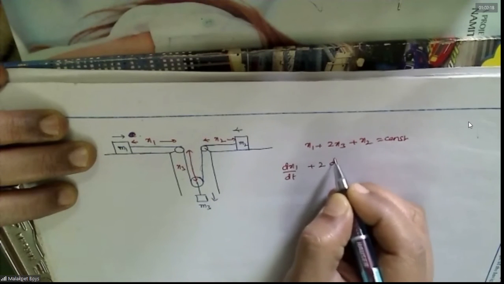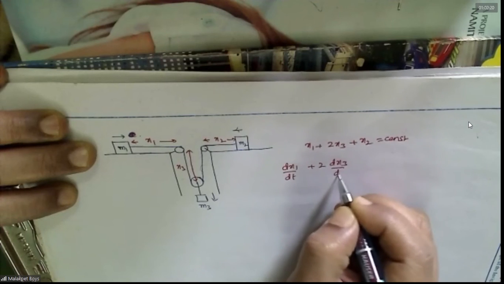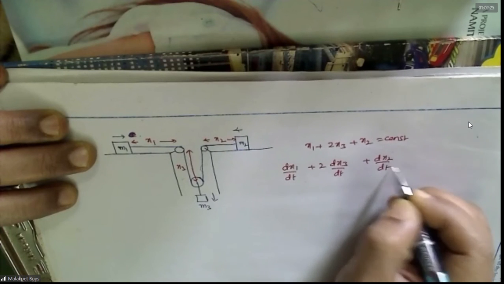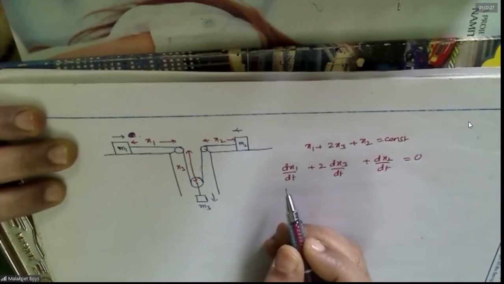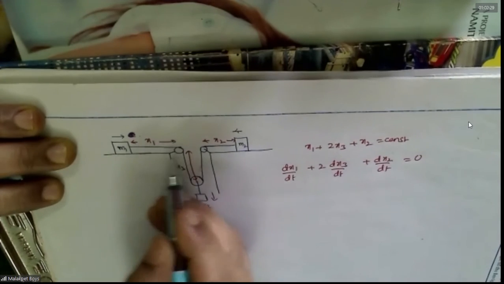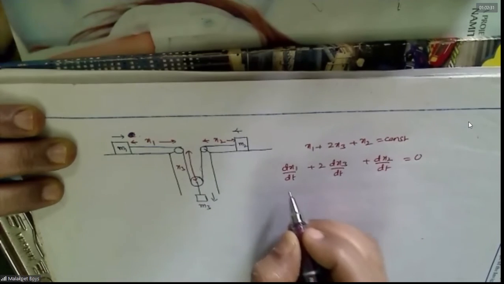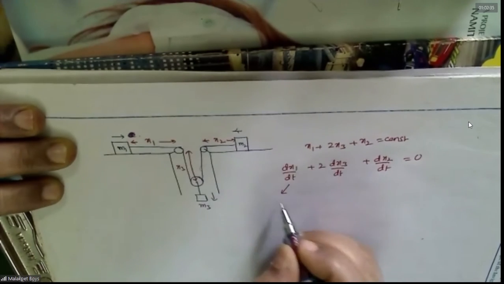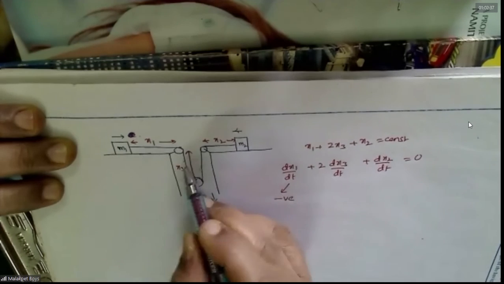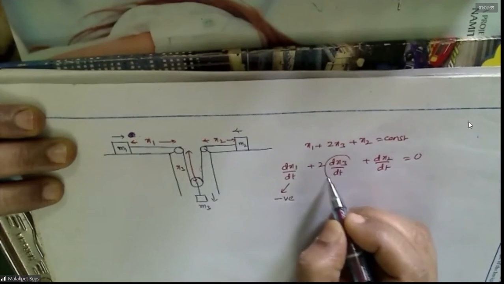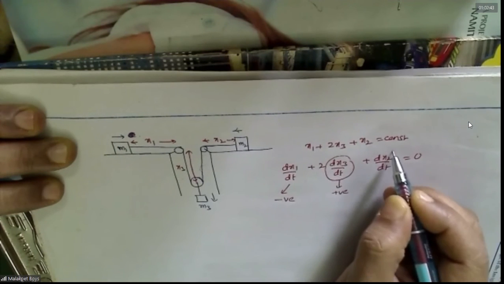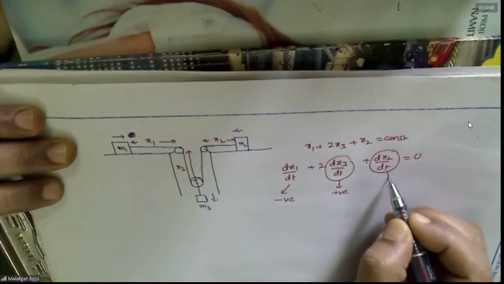First method is this. Now this gives you positive and negative. As this goes on, x1 decreases and x2 increases. Observe this, it decreases. This will increase, no? What will this be, positive or negative? Positive. This will again decrease, negative.